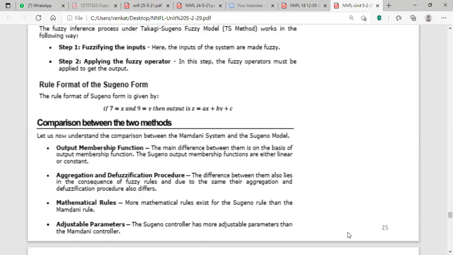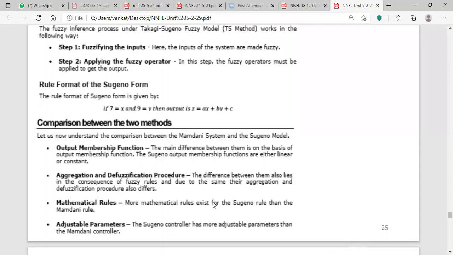So based on the output membership function, the Mamdani fuzzy output membership function is different, which may be non-linear or which may be variable. But in the Sugeno, the output membership functions are either constants or linear only.